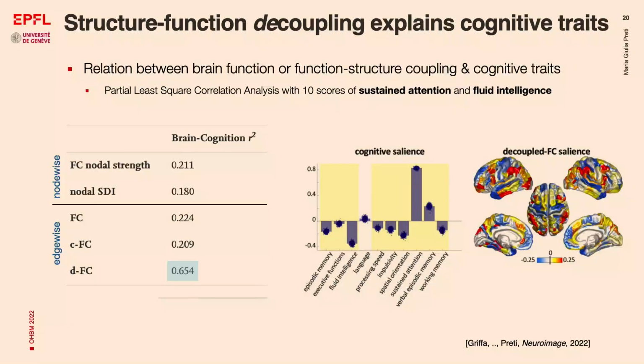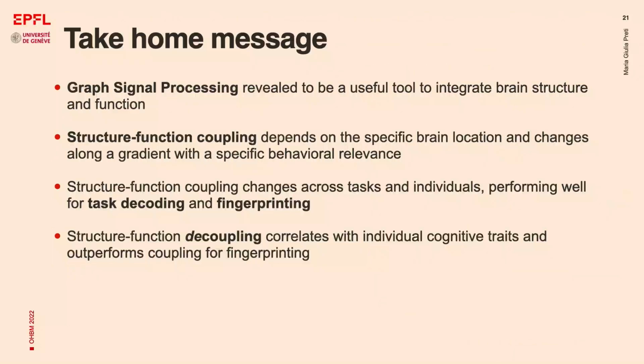So basically, the interpretation is that connectivity in those areas is more decoupled when, for example, sustained attention is increased, as it's a positive value in the behavior. So this concludes my presentation.